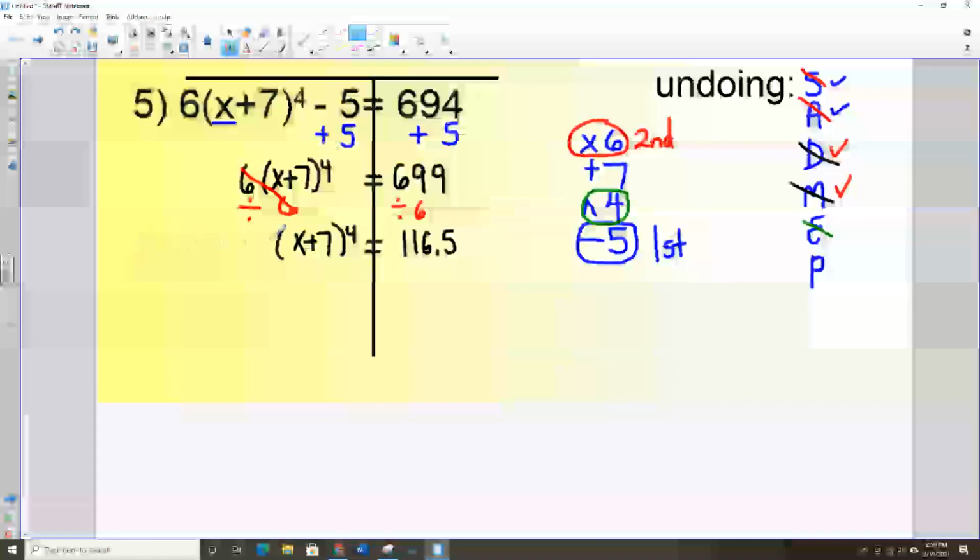So this is the newest topic. You're going to wrap this up with parentheses. And what power are we going to take the fourth power to, to make it go away, to undo it? What is the opposite of the fourth power? The correct answer is the 1/4 power.